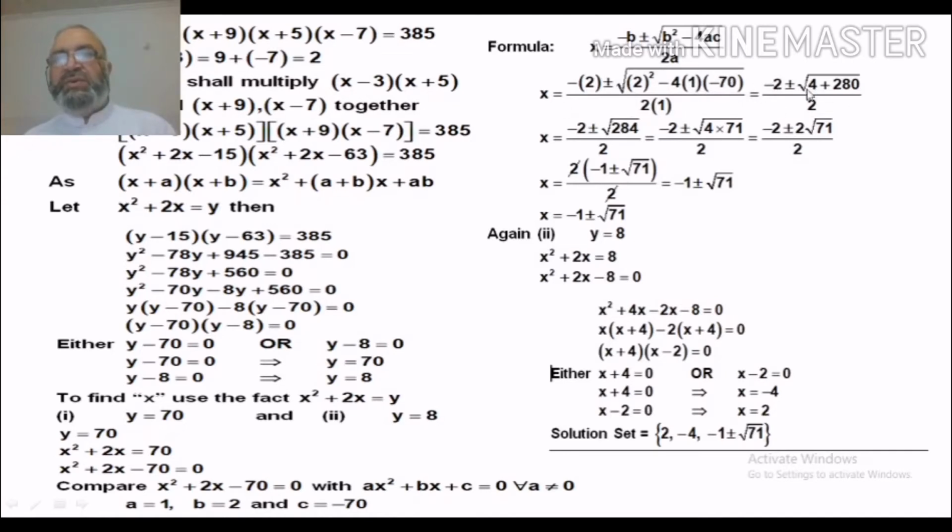Simplifying, minus 2 plus minus square root of 4, minus times minus is positive plus, and 4 multiplied by 70 is 280. Thus minus 2 plus minus square root of 284 divided by 2. The square root of 284 we can write as 4 multiplied by 71 under root. The square root of 4 is 2, that is minus 2 plus minus 2 square root of 71, divided by 2.